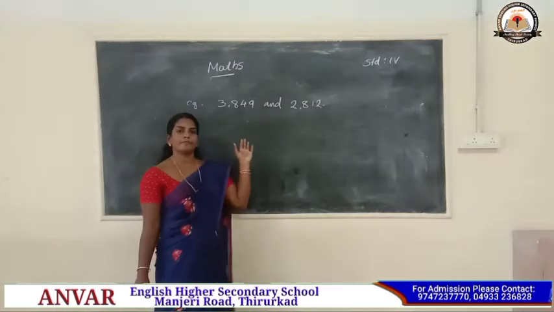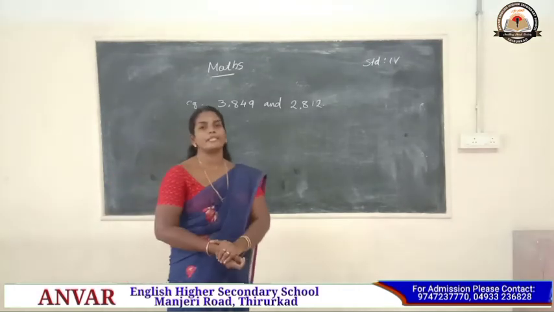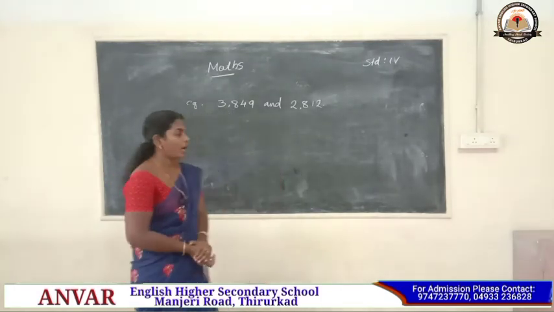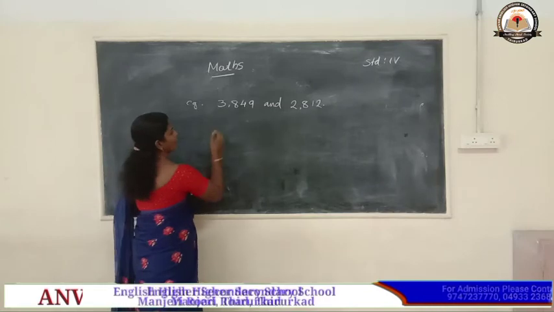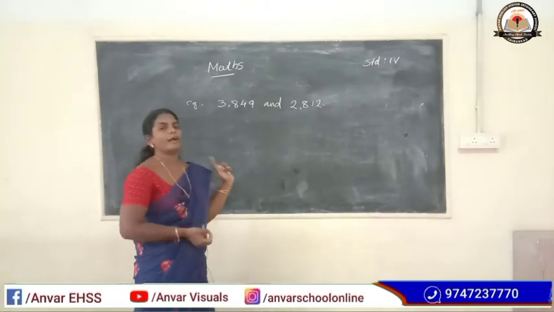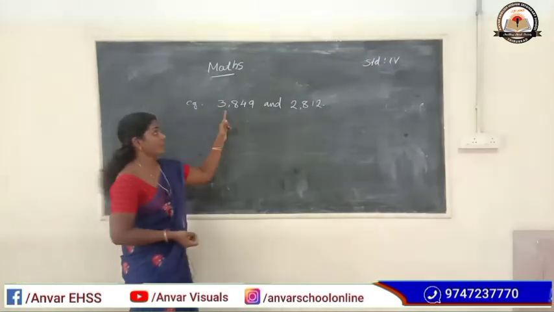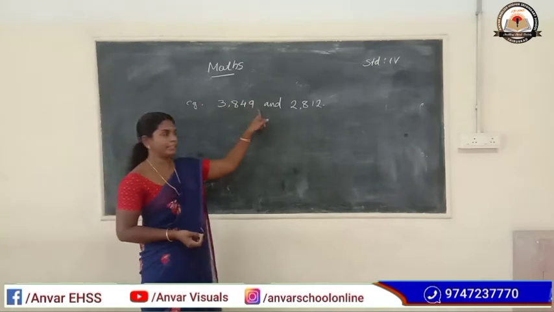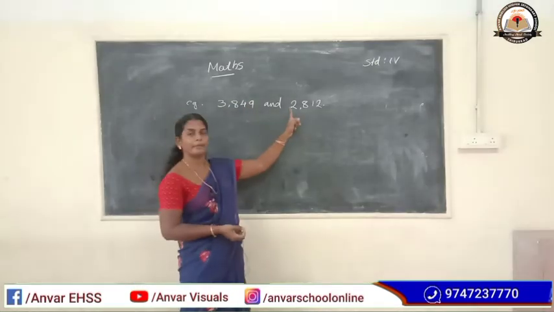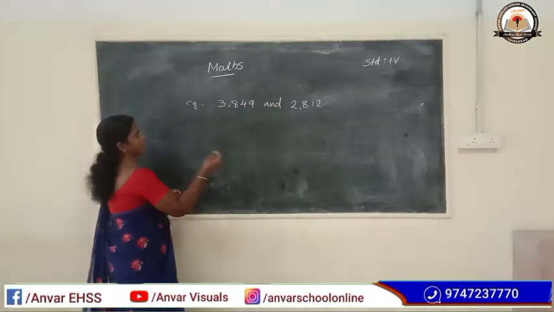First of all, before doing subtraction, we need to arrange these numbers in proper place value order. We need to remember the first point: always subtract a small number from the great number. Here the great number is 3849 and the small number is 2812.